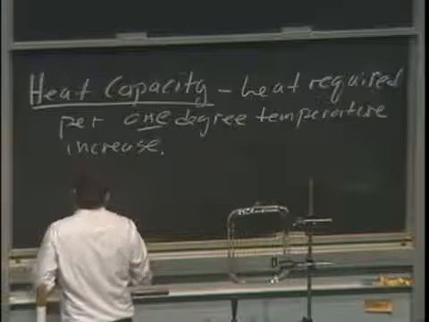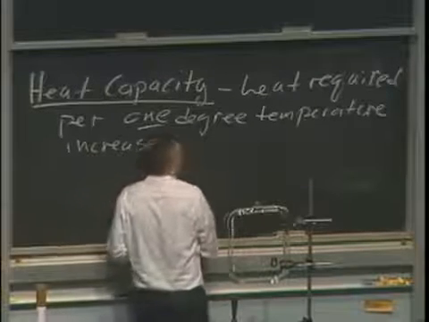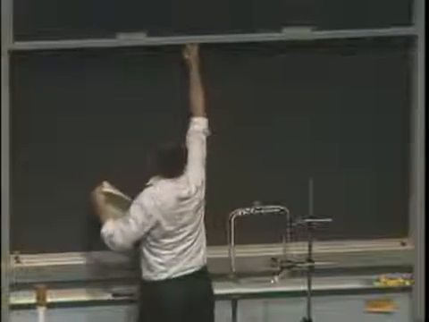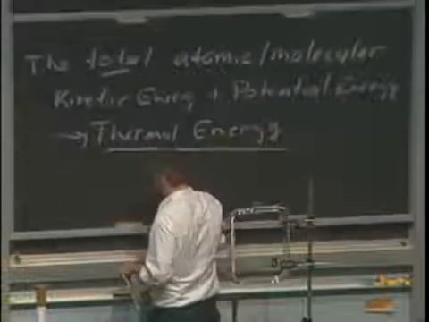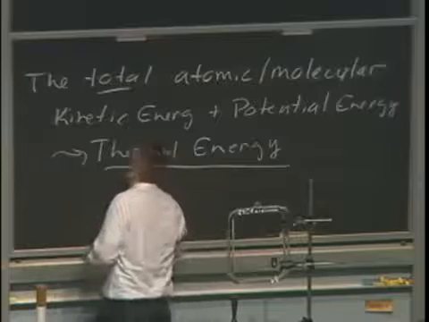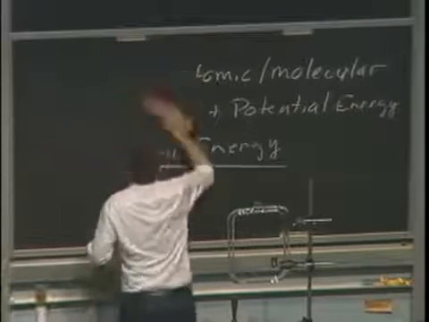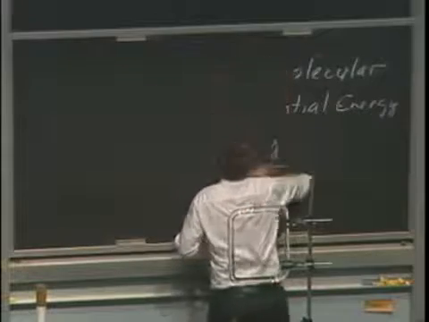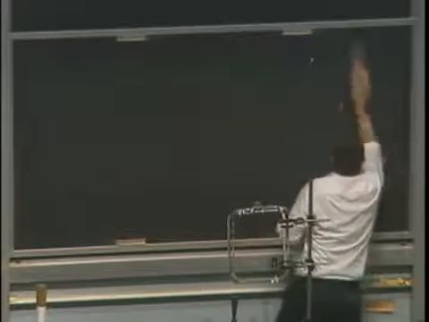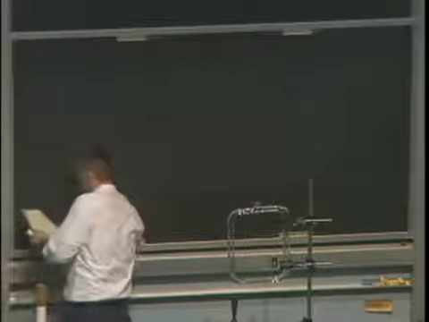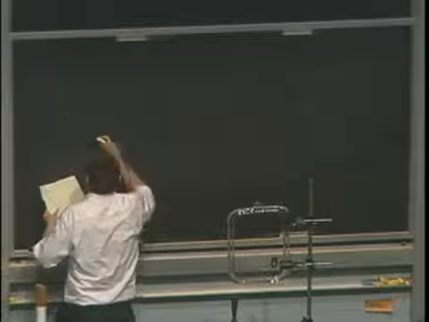Okay? So in order to take into account the differences between materials, we define a second quantity, which is the heat capacity per unit mass. And we call this the specific heat.